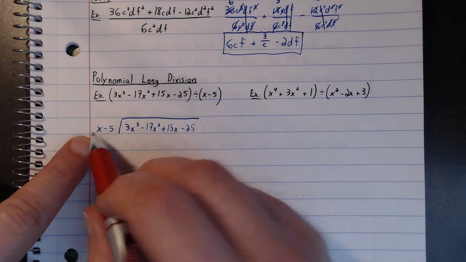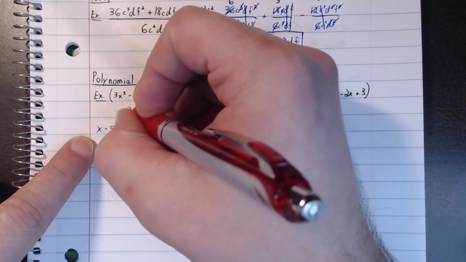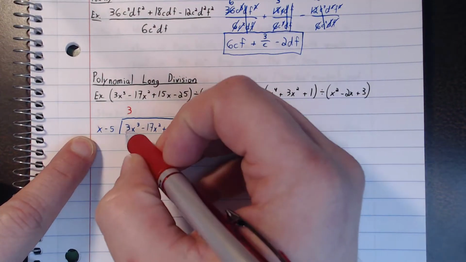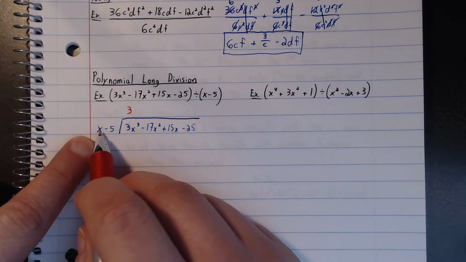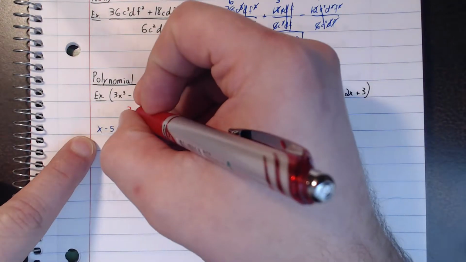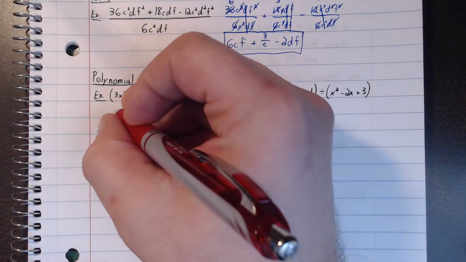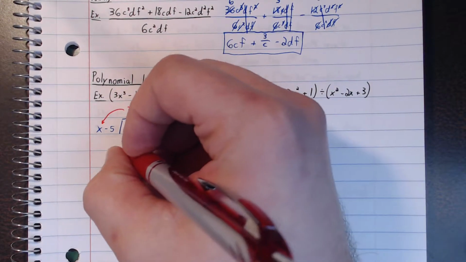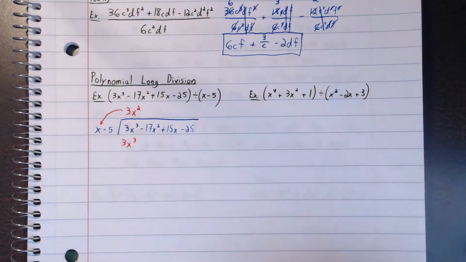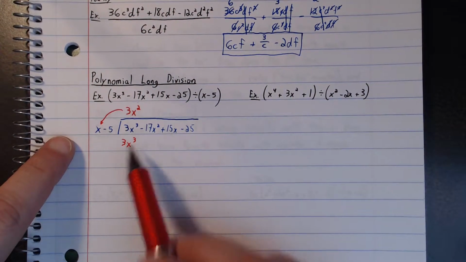Well, I have a 1 in front, so I need to multiply by 3 so that 1 becomes a 3. And right now I have x to the first power, so I need to multiply by x to the second power. When I do that, that gives me 3x to the third, because first power and second power add to the third.